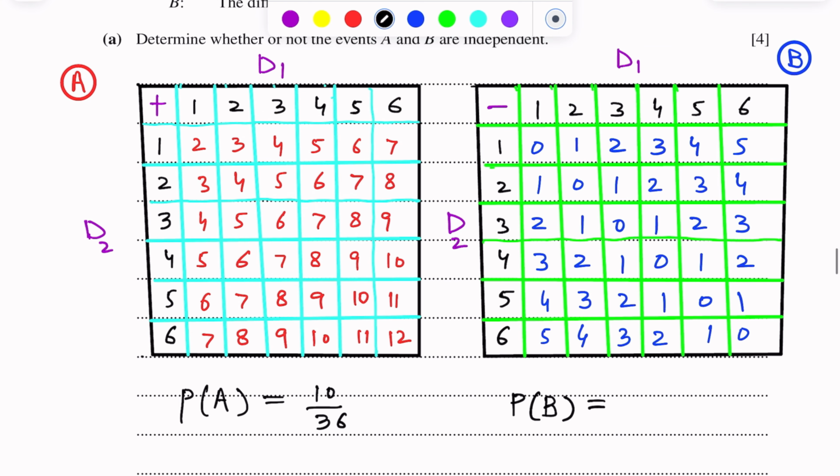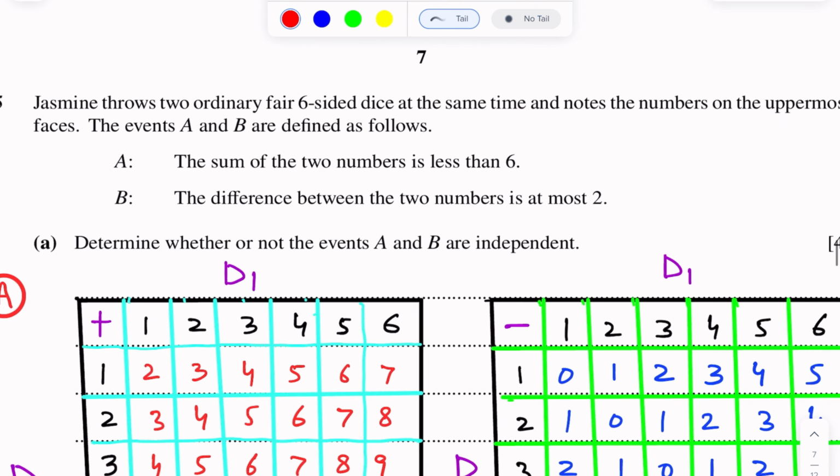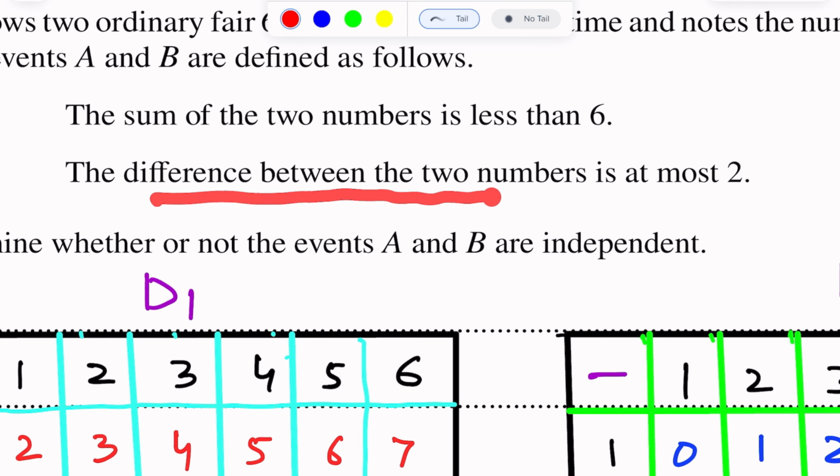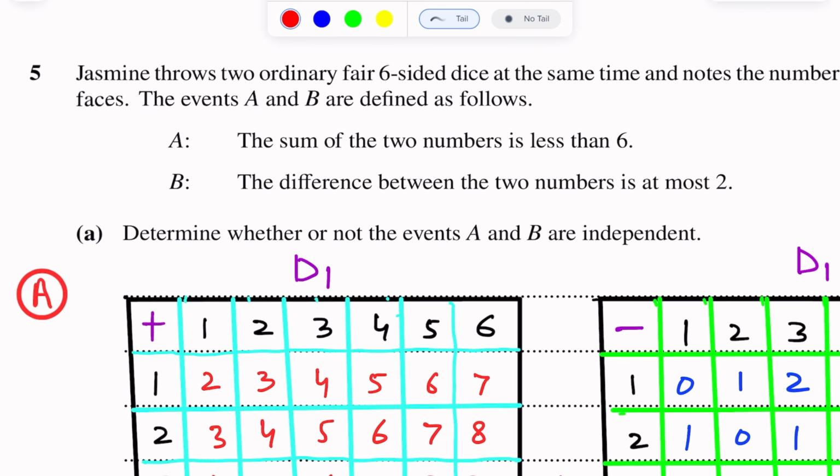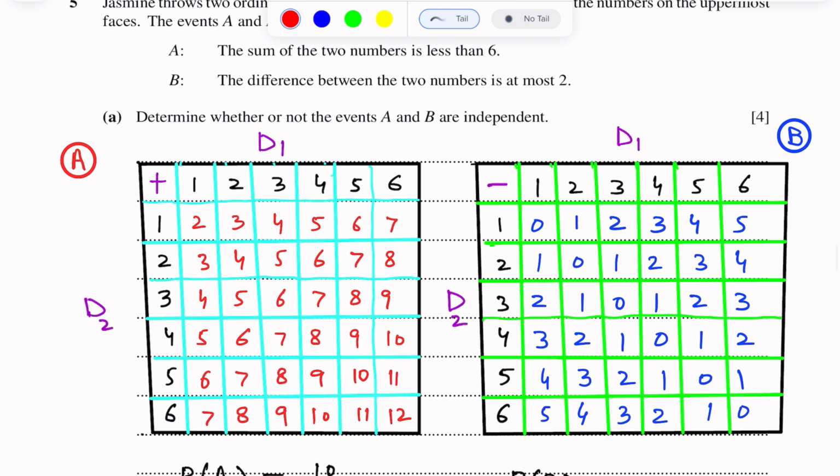Now probability of B. These are the outcomes. Successful outcomes for event B, and total outcomes. Event B is the difference between the two numbers is at most 2. At most 2 means less than or equal to 2.